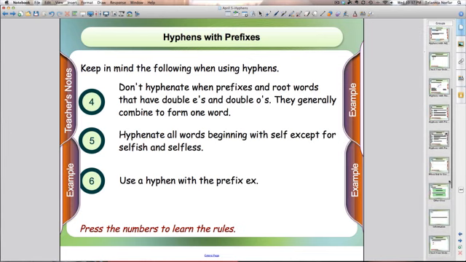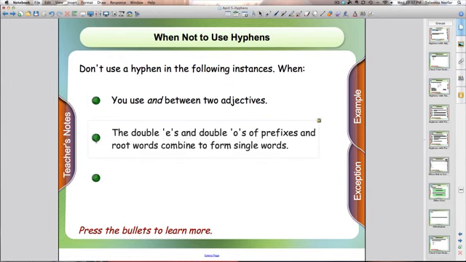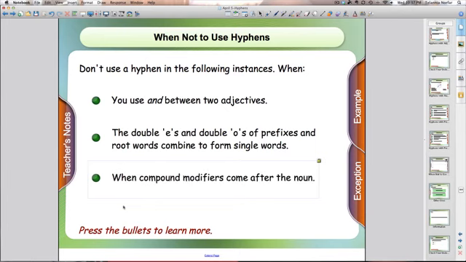Alrighty. Well, let's talk about when not to use hyphens. Don't use hyphens in the following instances. When you use and between two adjectives. So don't put a hyphen when you put and in between. The double E's and double O's, where prefixes and root words combine to form single words. Remember, we just talked about that. And when compound modifiers come after the noun.